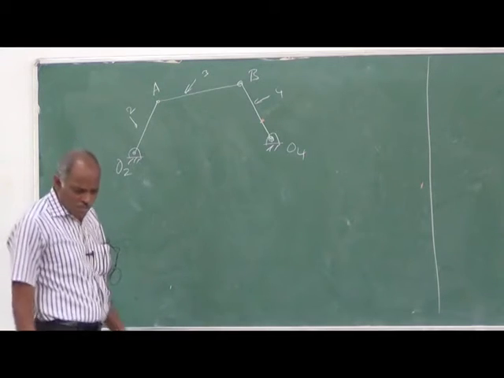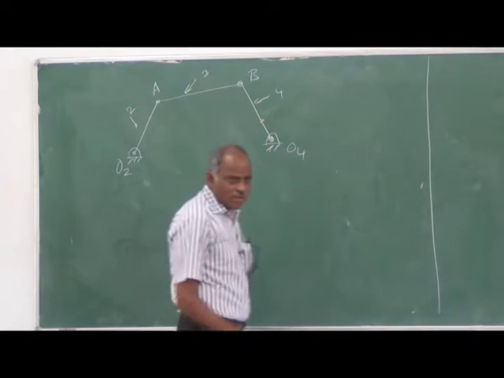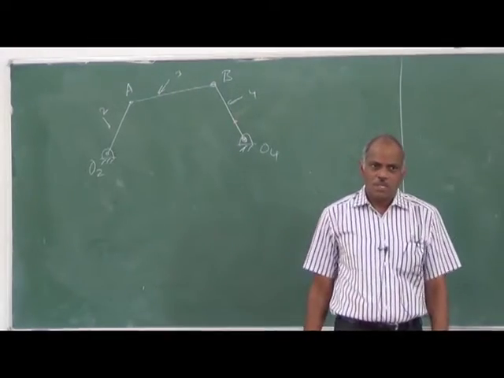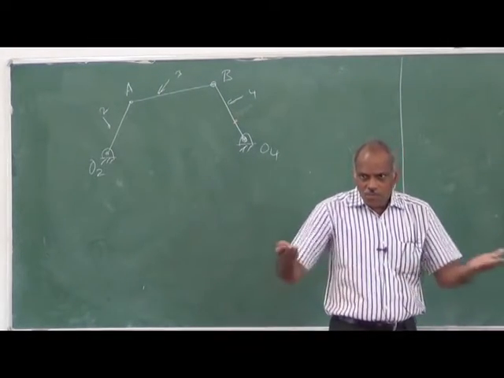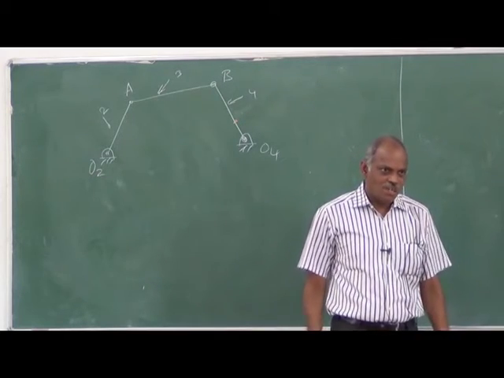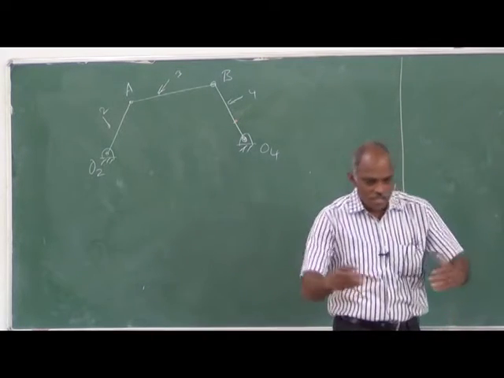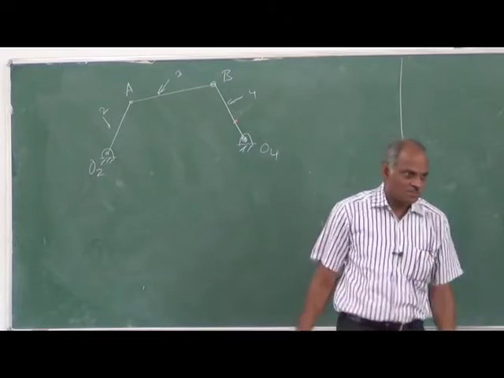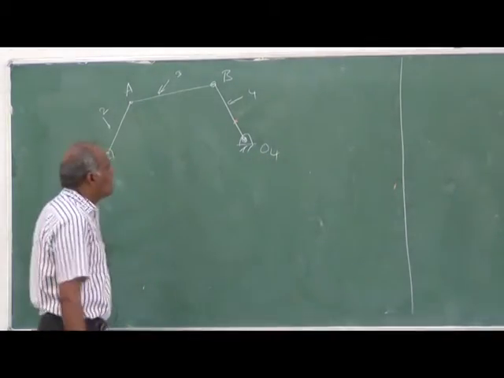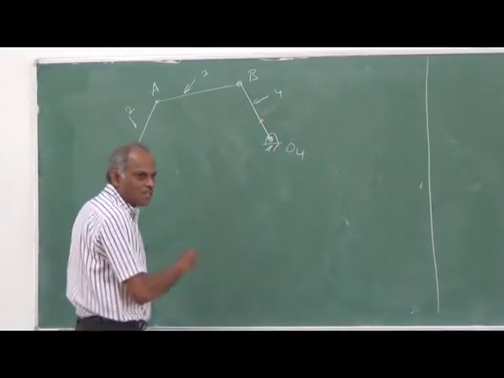How can I ignore the forces of the weight? If I put this planar 4-bar mechanism in a horizontal position, automatically weight will not act. So I keep it in any position, it will stay put. Now that is not the case.